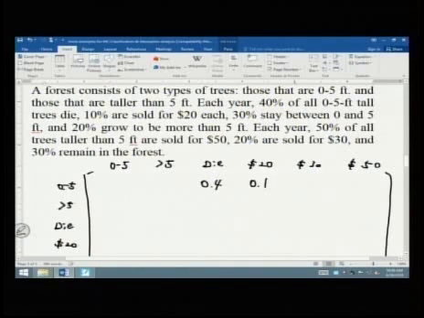And 30% stay between 0 and 5 feet, so we have 0.3. And 20% grow to be more than 5 feet, so we have 0.2. All others are 0, right? Make sure the summation of each row in this transition probability matrix is equal to 1. Okay?